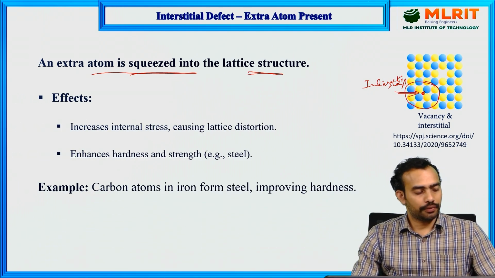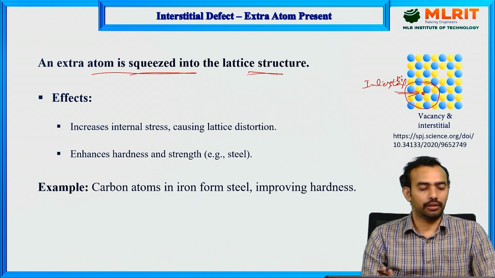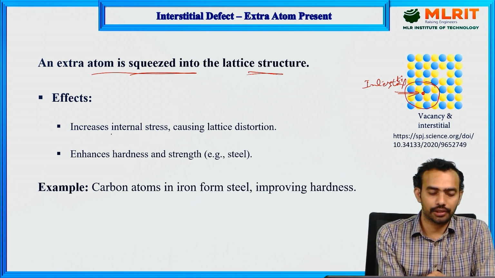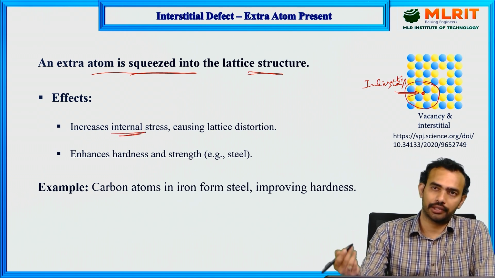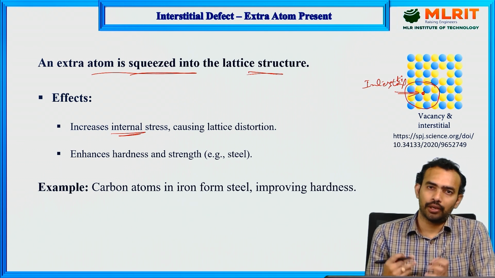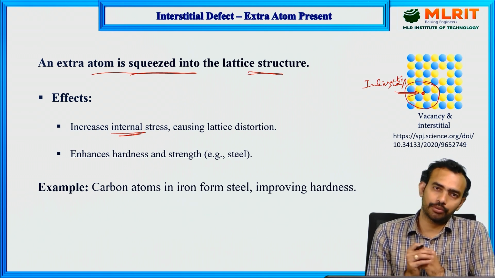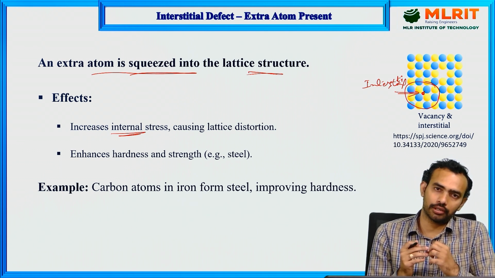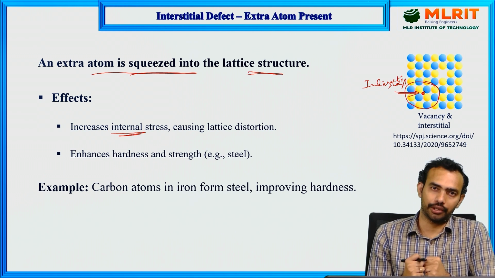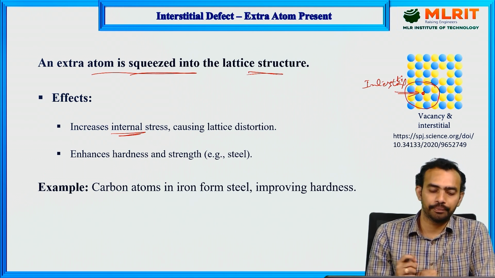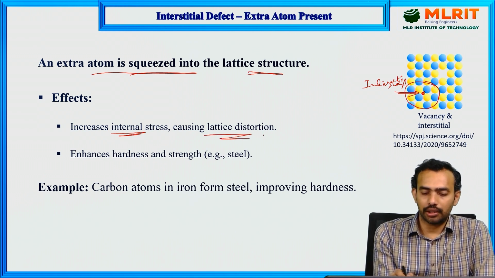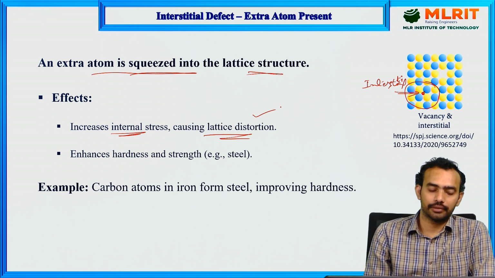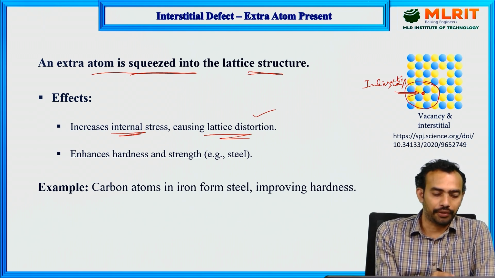The presence of these defects causes an increase in internal stresses, because the extra atom located between the regular arrangement of atoms causes stress in the material, which basically causes distortion of the lattice. This is one of the effects.